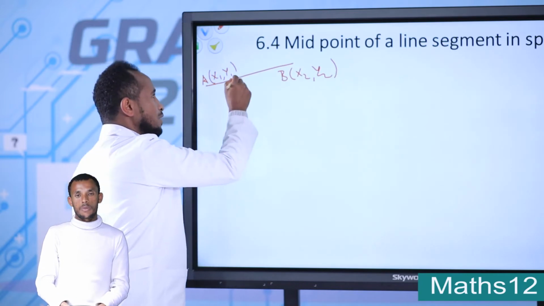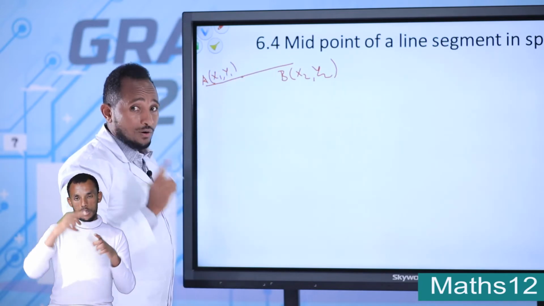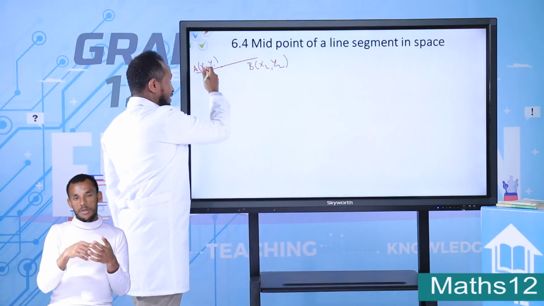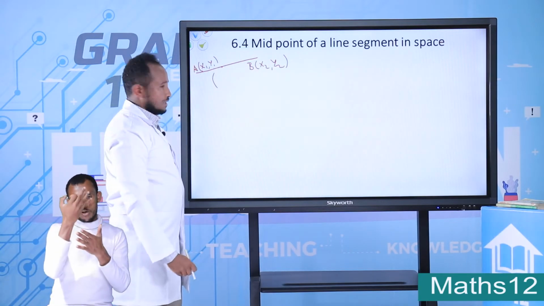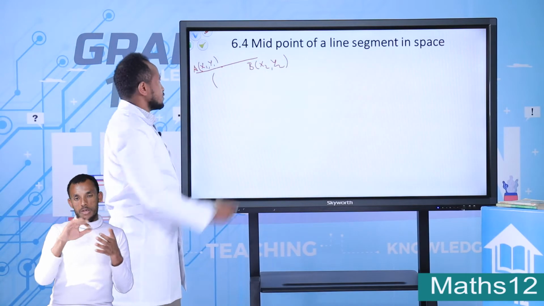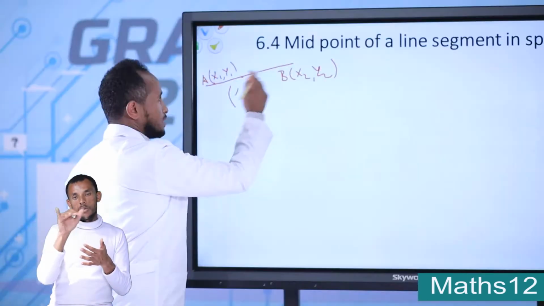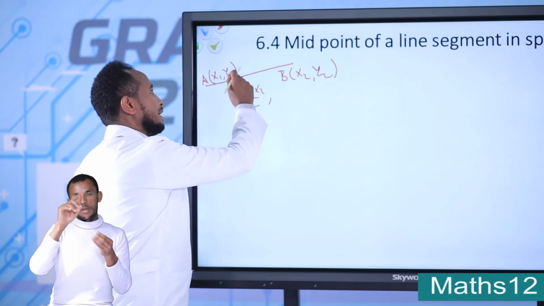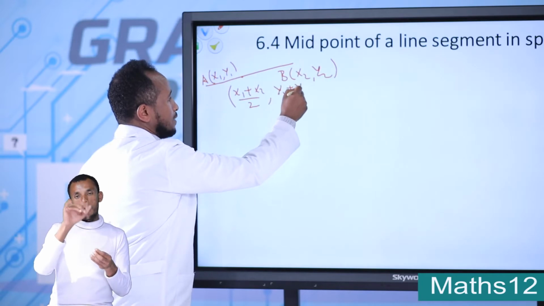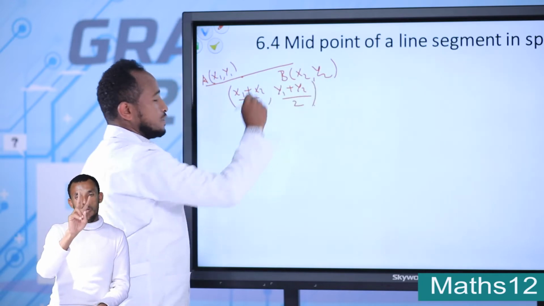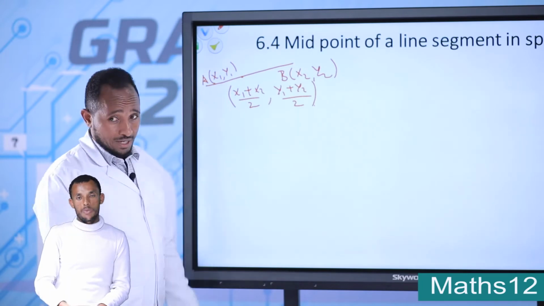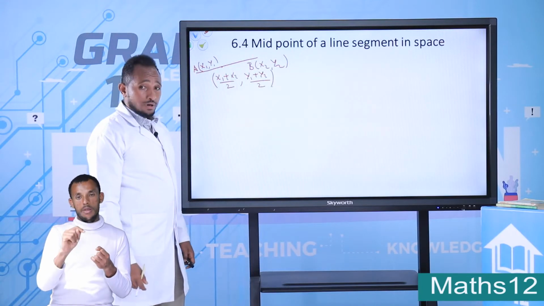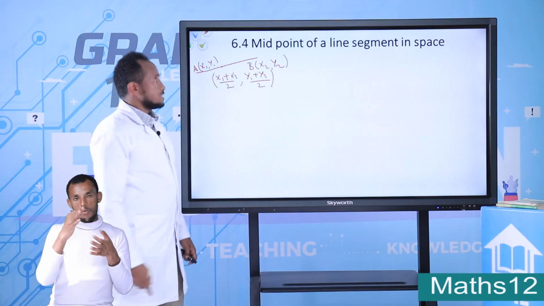So the coordinate of the midpoint of this line segment is evaluated by simply taking the average of each coordinate, the average of x and y. So that means you take x1 plus x2 over 2 and y1 plus y2 over 2.